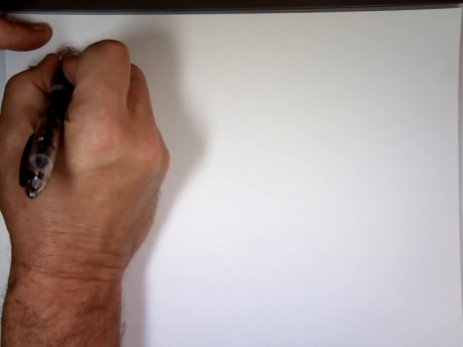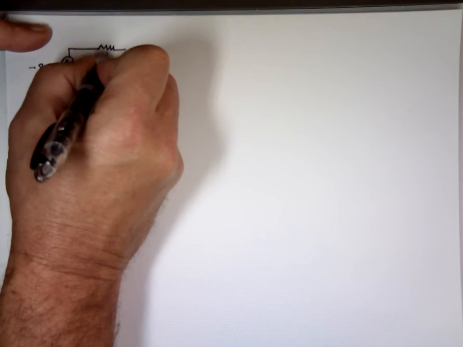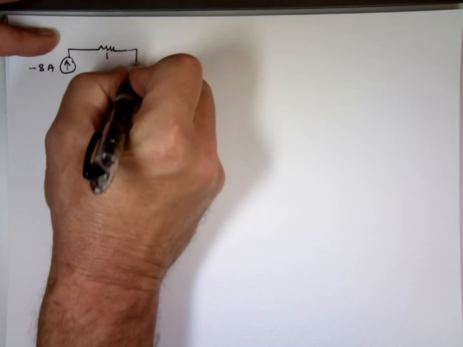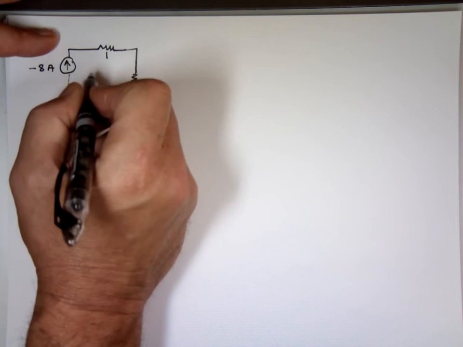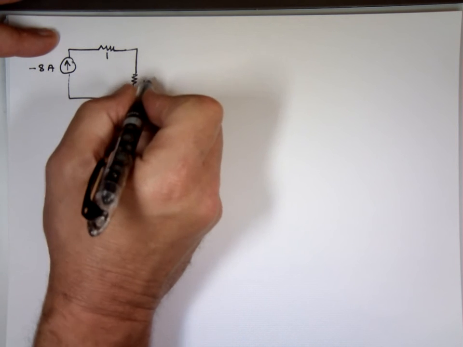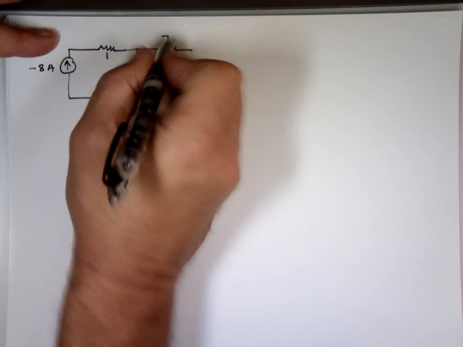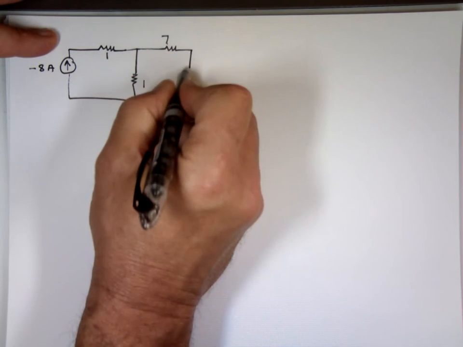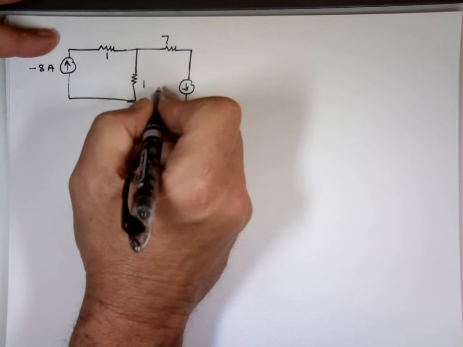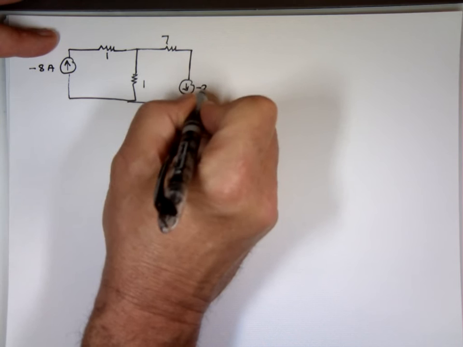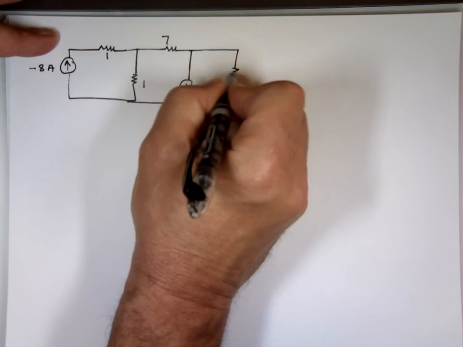It's going to be something on the top. There's the 1. One, 7, -25, -10.